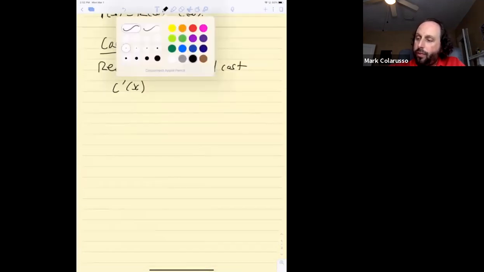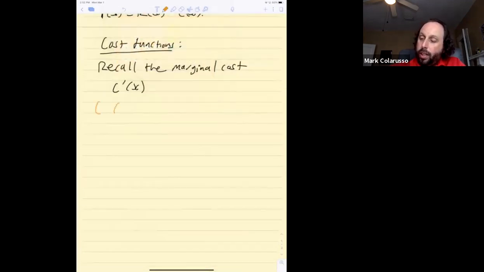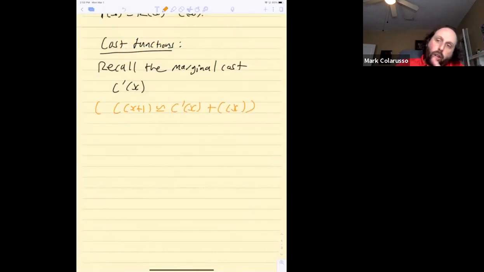And the reason for this, if you remember, is that if you wanted to estimate the cost of producing one more object, that's the same as the marginal cost of producing X objects plus the cost of producing X objects. So that's why it was called the marginal cost. The derivative was called the marginal cost because it can be used to estimate at the margin the cost of producing another item. So the marginal cost is just the derivative of the cost function.